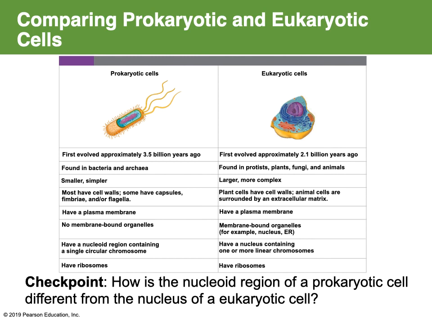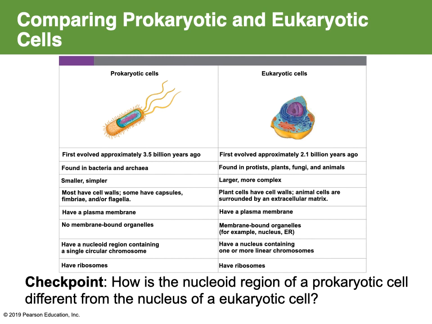Prokaryotic cells, most have a cell wall. Some have capsules, fimbriae, or flagella as external appendages. Plant cells have cell walls. Fungi have cell walls, but they're not the same as those of a prokaryotic cell. Animal cells don't have a cell wall. They're surrounded by an extracellular matrix, basically a glue that sticks them together.